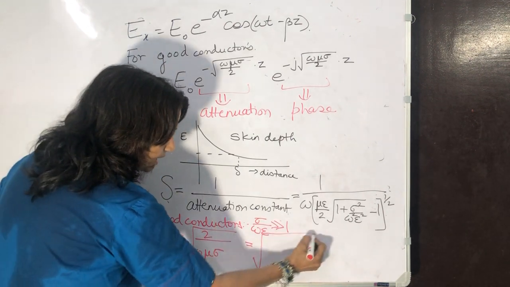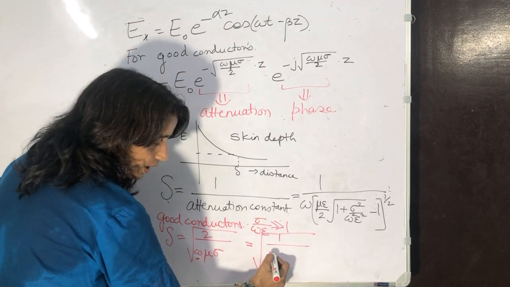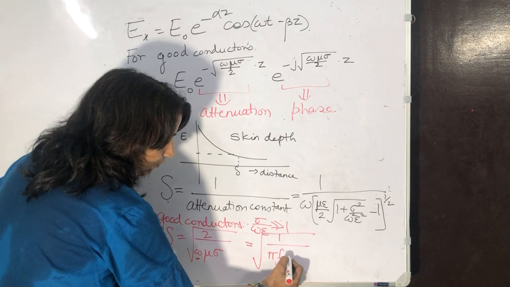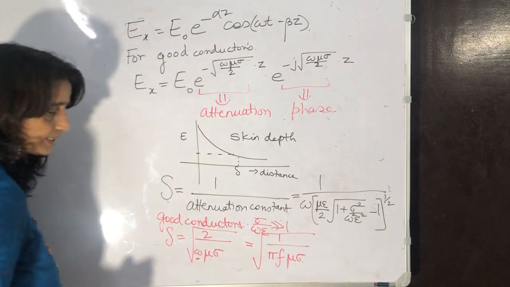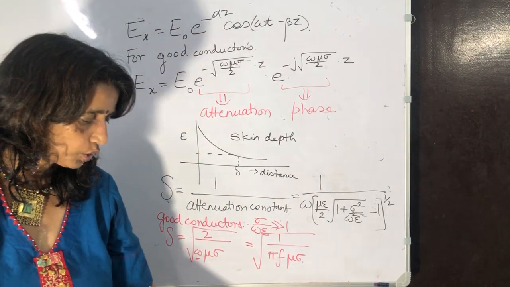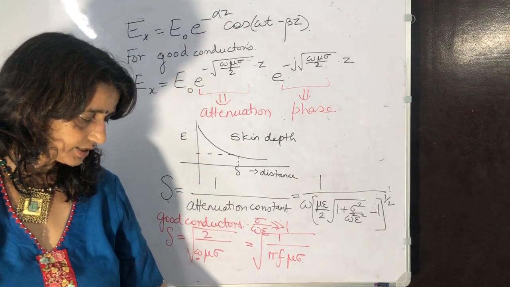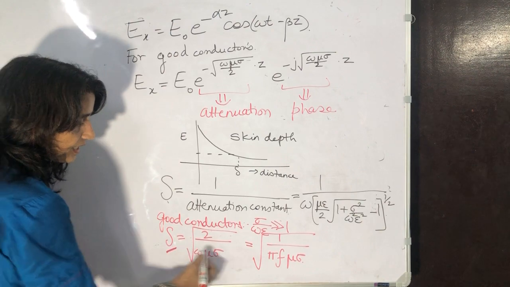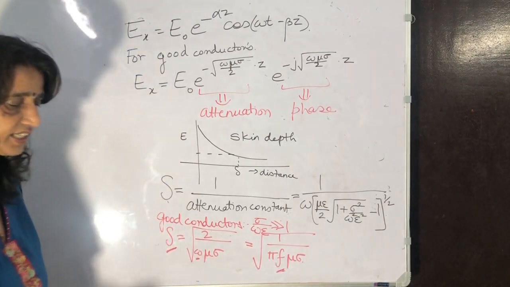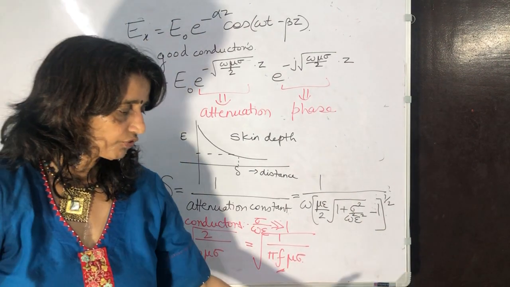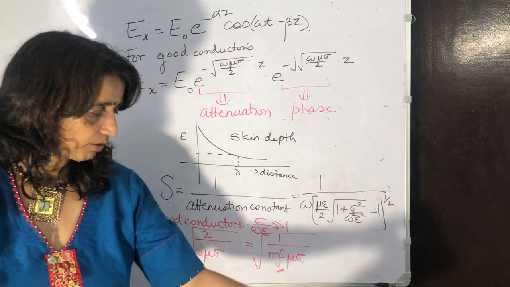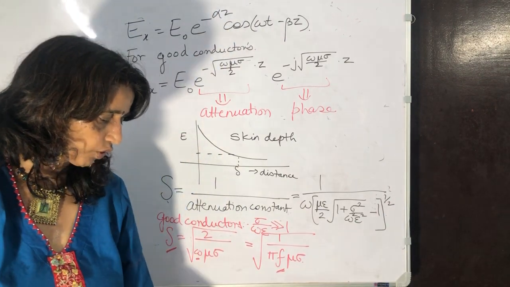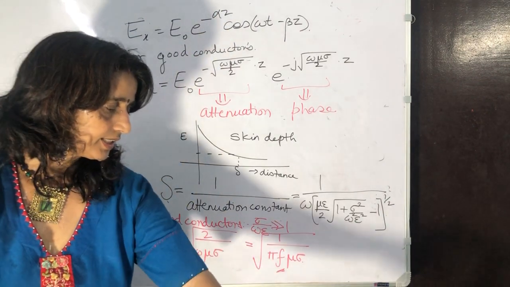So it becomes under root 1 upon pi f mu sigma. This is the formula for good conductors, and you can note that the skin depth decreases with increase in frequency of the wave. This is the formula of skin depth for good conductors.